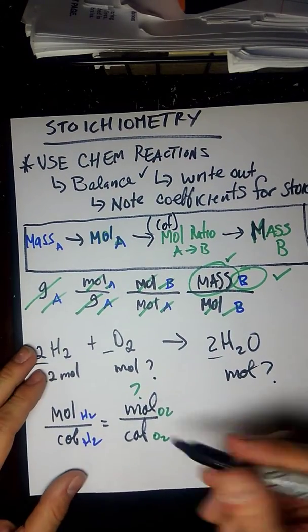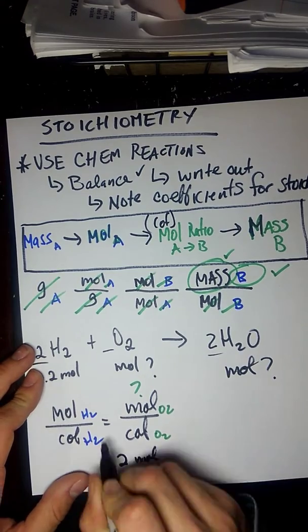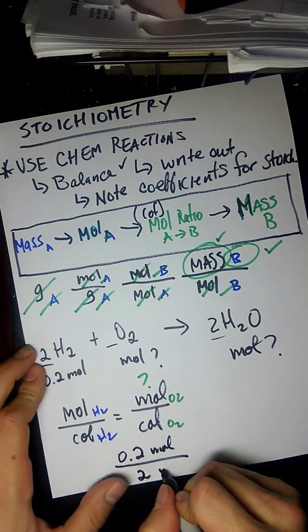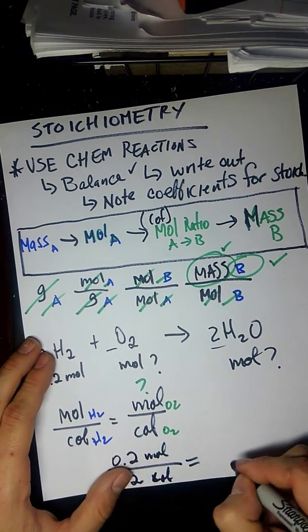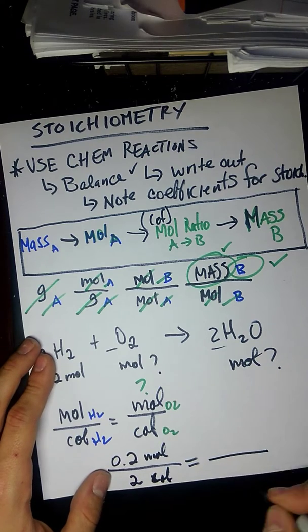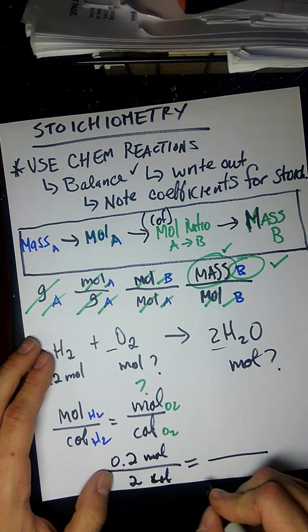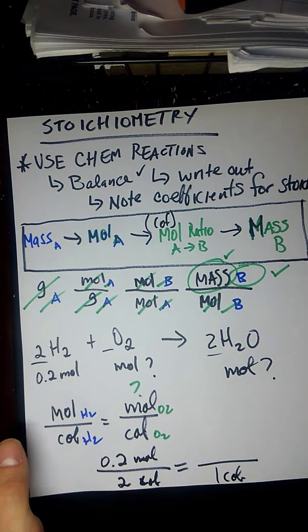So I'm simply going to put 0.2 moles of H2 over 2, the coefficient of H2, equals my unknown moles of O2 over 1, the coefficient of O2.